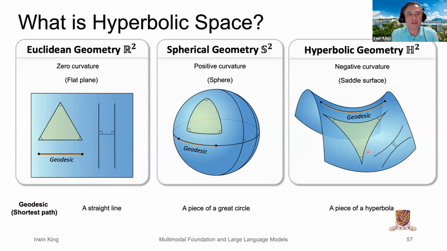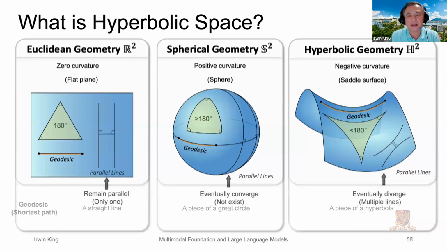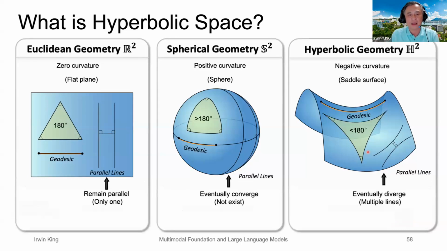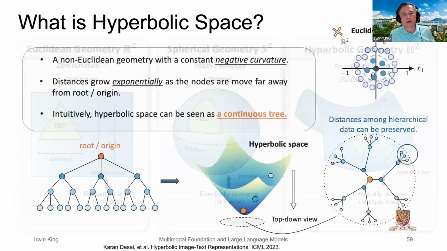If you have things that are hierarchical in nature, for example, a knowledge graph or a taxonomy of some sort, because most of our knowledge is organized in a taxonomy or hierarchy, it turns out that hyperbolic geometry is the best that it could do. You can see here, in hyperbolic geometry, eventually the multiple lines diverge. And this gives a good property.